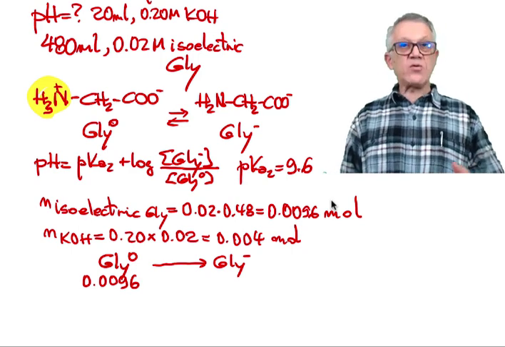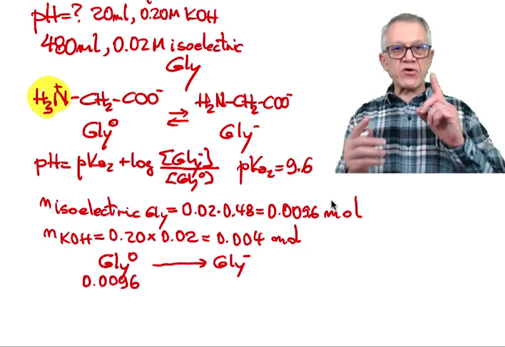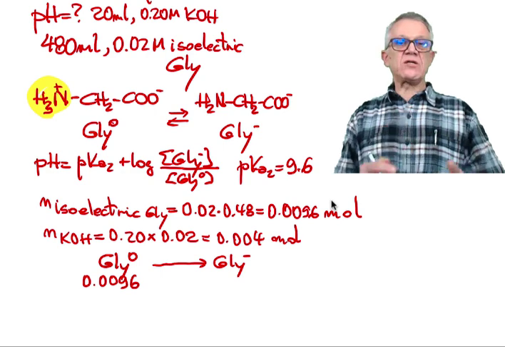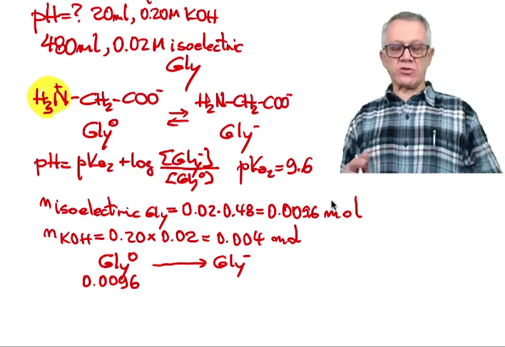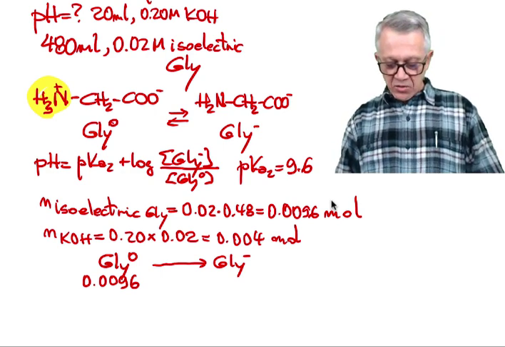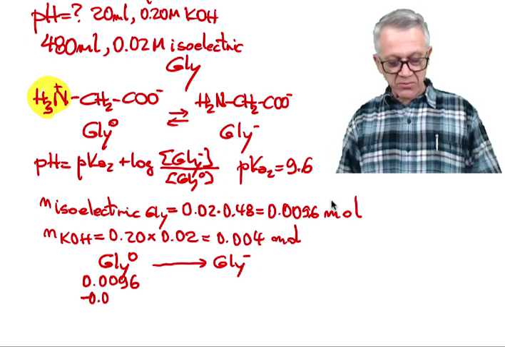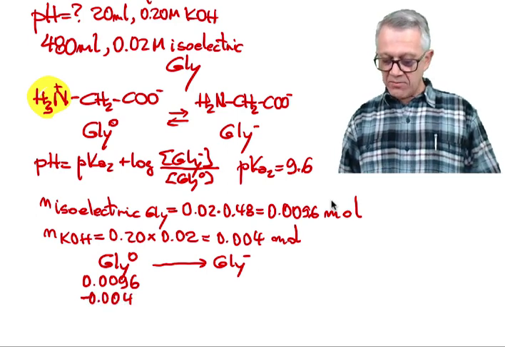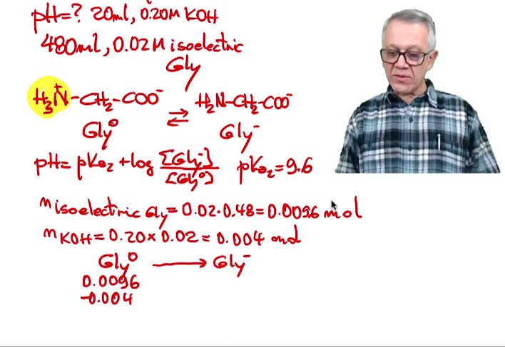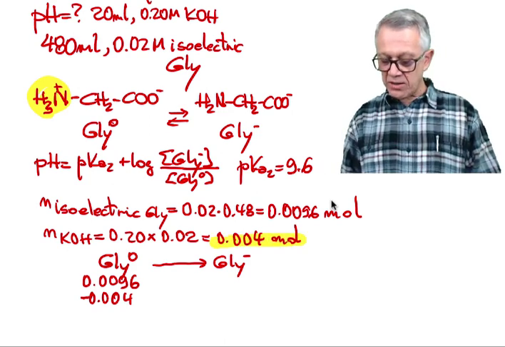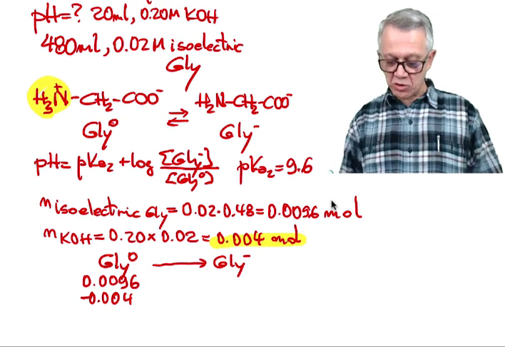For each mole of potassium hydroxide, it removes 1 mole of protons, right? So the glycine was less at the end because we subtracted 0.004 moles that came from the amount of potassium hydroxide that we added to the solution.